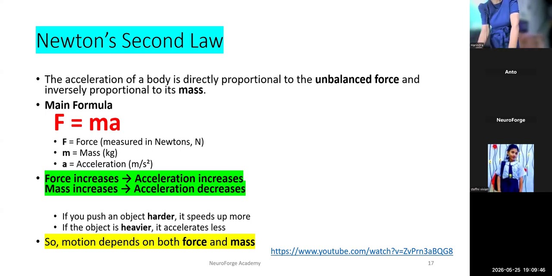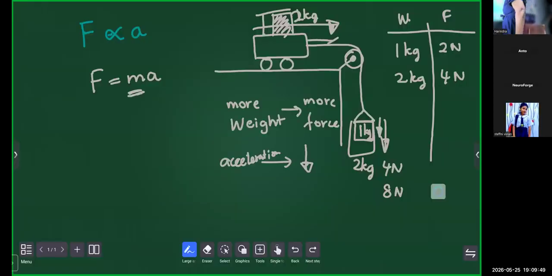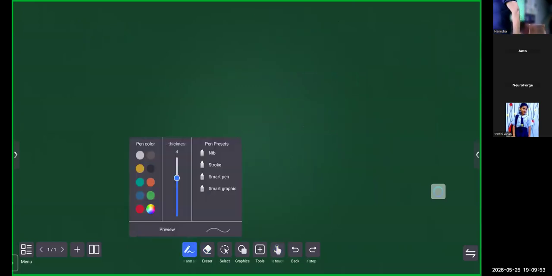Let me write one thing on the board. This is the theory, F equals ma. First one, the acceleration of a body. Acceleration, if we keep only a this side, what will happen?